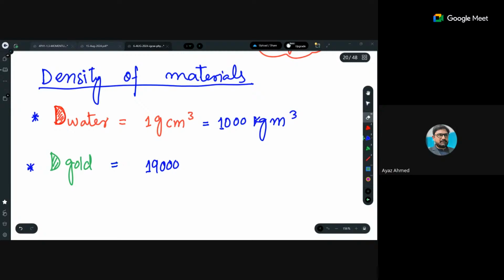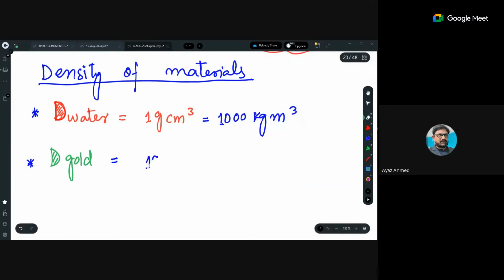Let me check from Google, because maybe I have forgotten. Density of gold, yes, 19,300.